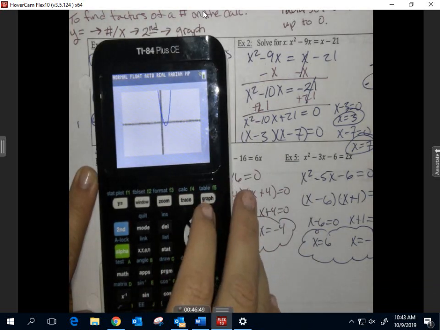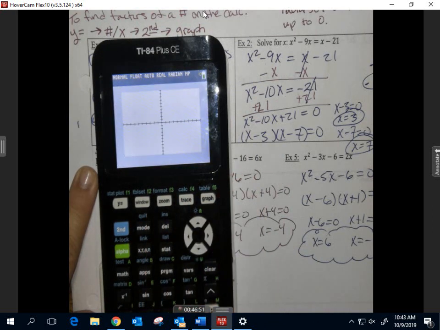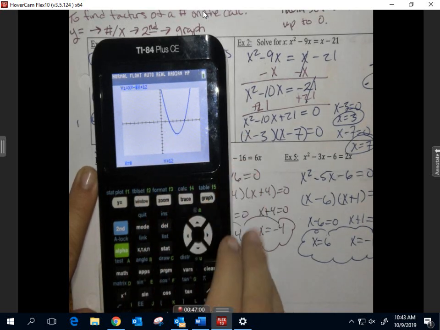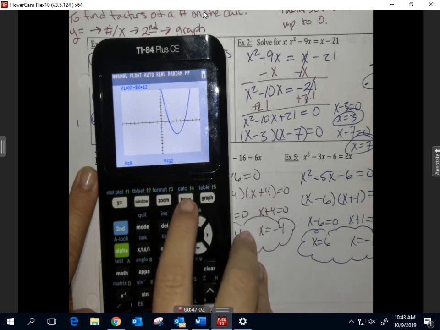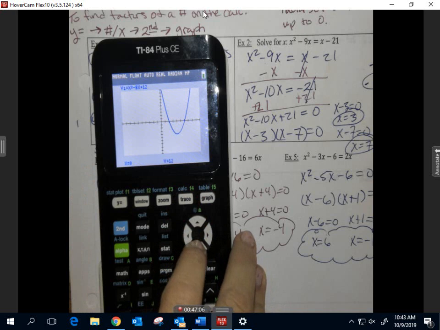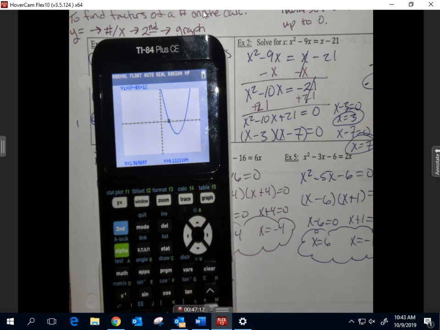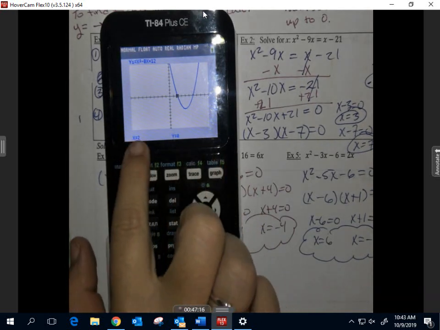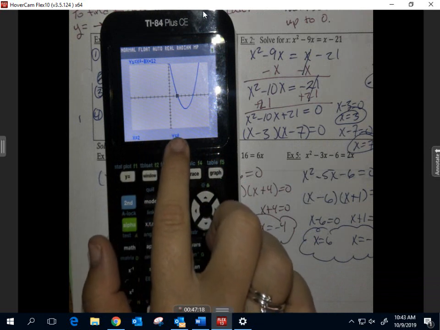First of all, I'm going to hit zoom 6 so you can see it better. If I hit trace and go to 2, look, when x is 2, y is 0.